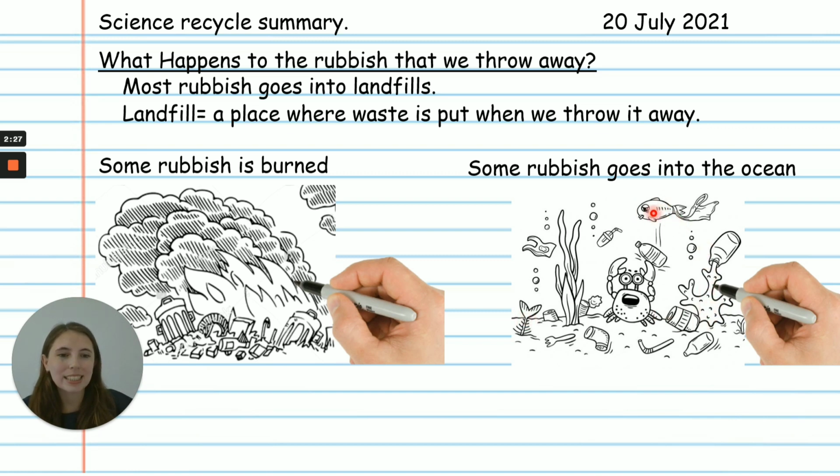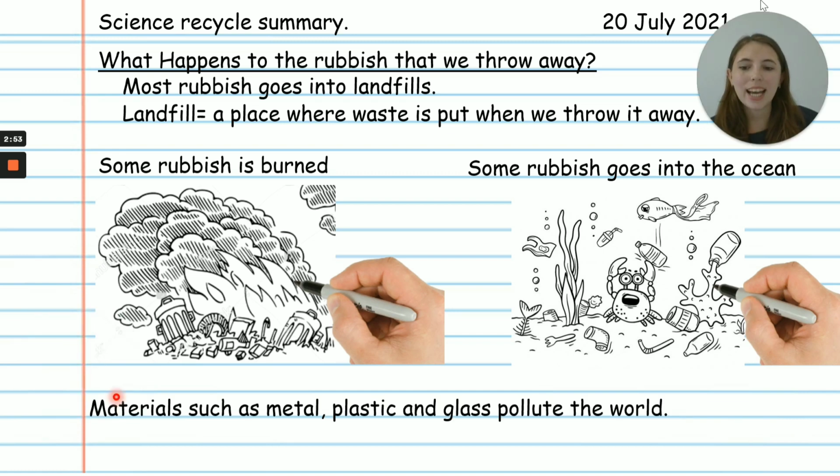So right here we can see some fish and all of the rubbish that we do not want. Now let's write materials such as metal, plastic, and glass pollute the world.